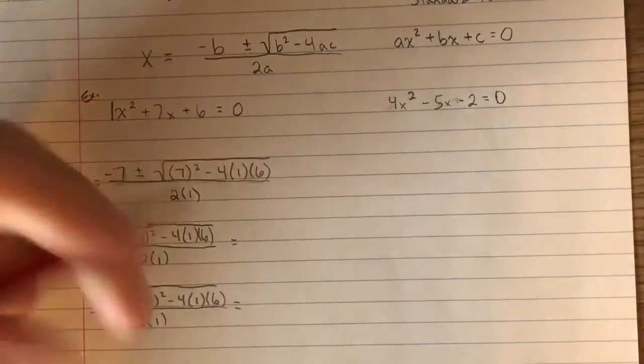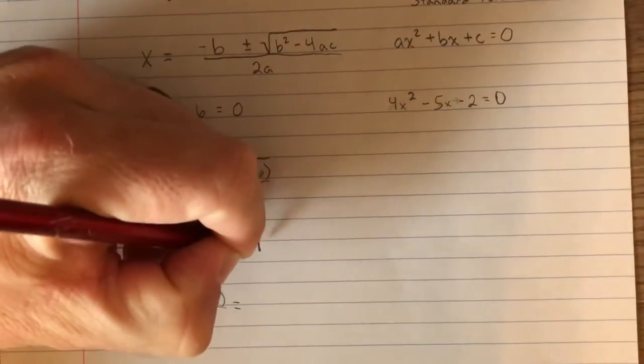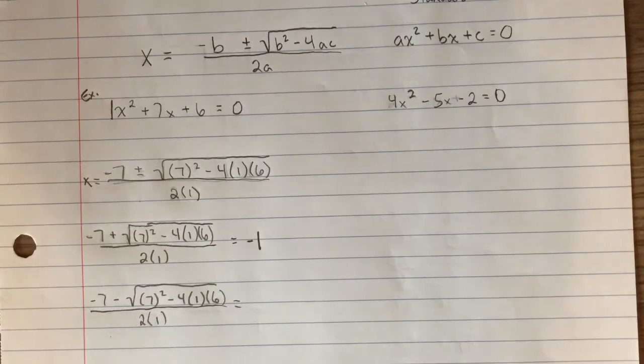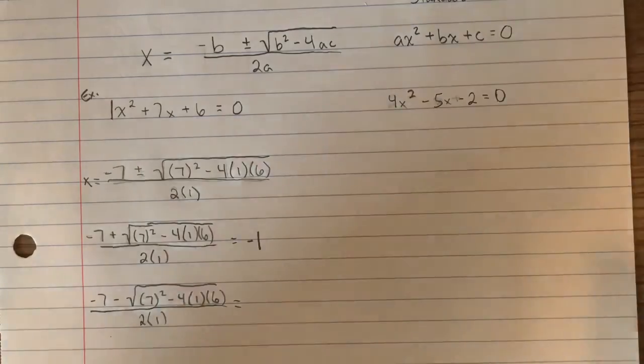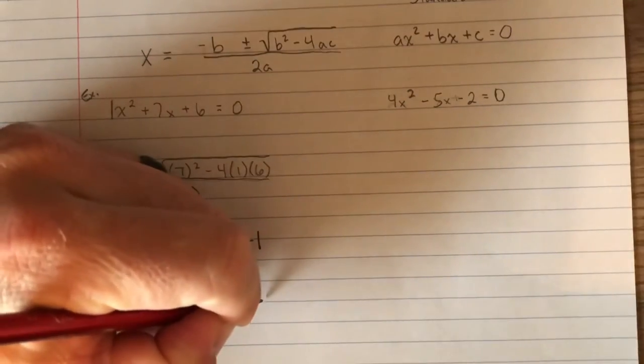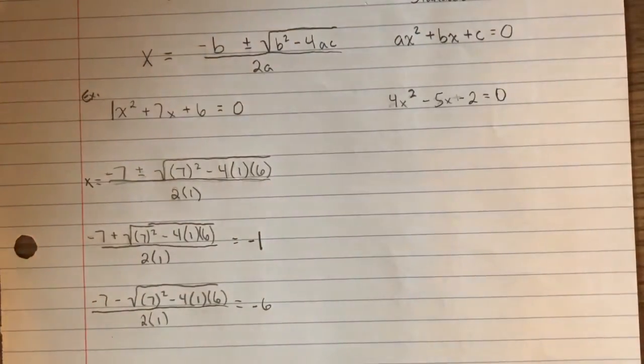Okay, the solution here is going to be negative 1. All right, now if you've got a graphing calculator, once you've typed it in, you can do kind of a copy and paste, or you can change that plus sign to a minus sign. And then your second solution is negative 6.